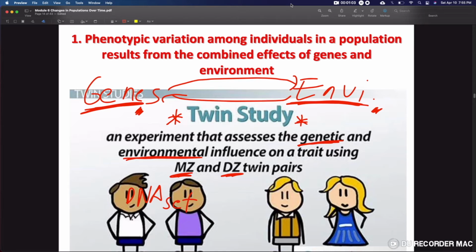Now, if they were separated at birth and reared differently, but after some time they develop different traits, you can say that the environment has more influence than their genes.